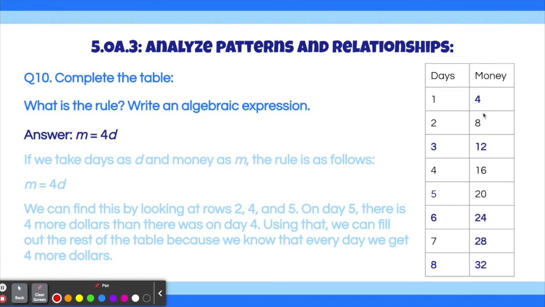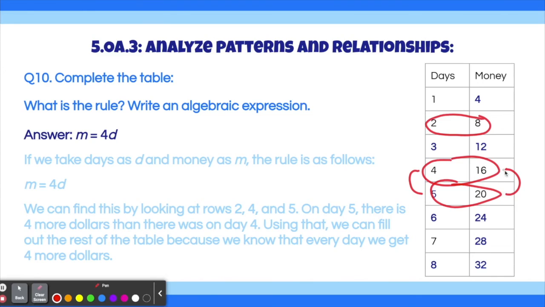And so we have a few pairs here, right? On the second day, there's $8. On the 4th day, there's $16, and on the 5th day, there's $20. All right, so right here, 1 day has progressed, and there have been 4 more dollars earned, right?